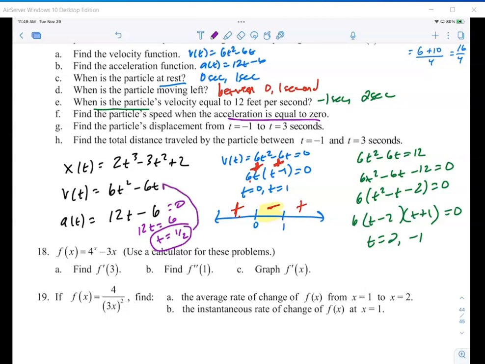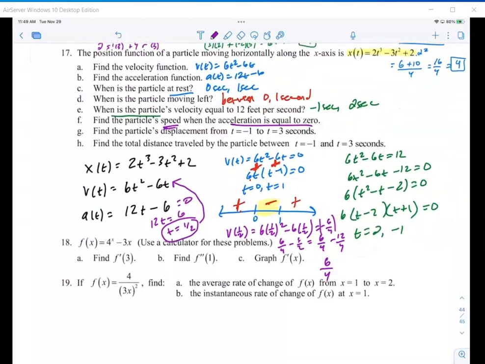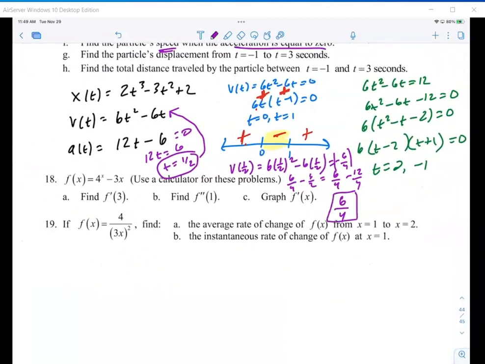Finding the speed would be plugging 1/2 into the velocity, which is 6 times a half squared minus 6 times a half. 1/2 squared is 1/4, so it's 6/4 minus 6/2, which is 6 over 4 minus 12 over 4, which is negative 6 over 4. But because it asks for speed, I need the absolute value of it, so it's 6 over 4. It doesn't give me units, but it's just 6 over 4.